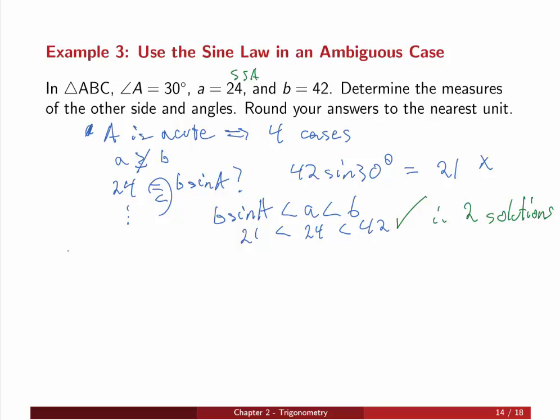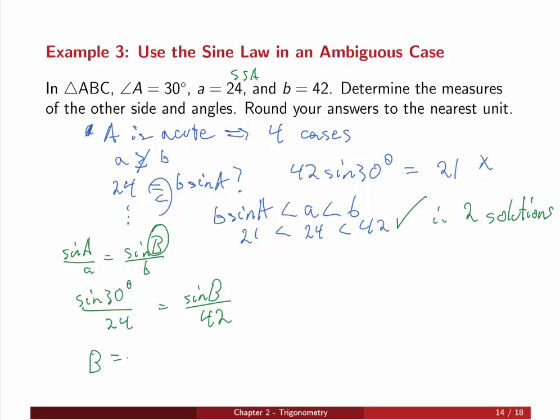We have sine of A over a is equal to sine of b over b. I'm going to solve for b here. Sine of A is 30 degrees, a is 24, equal to sine of b, which is what we don't know, and b itself is 42.